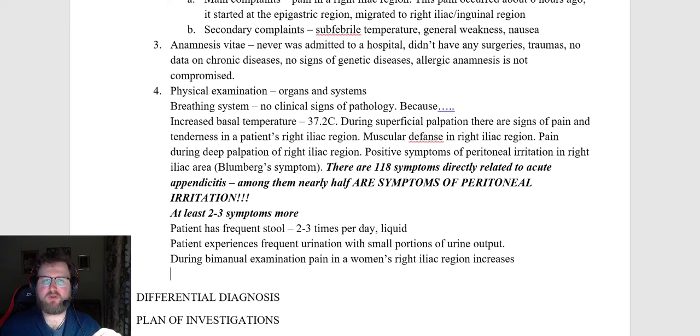But if a patient is a male, we can find another symptom which is quite relevant to acute appendicitis.